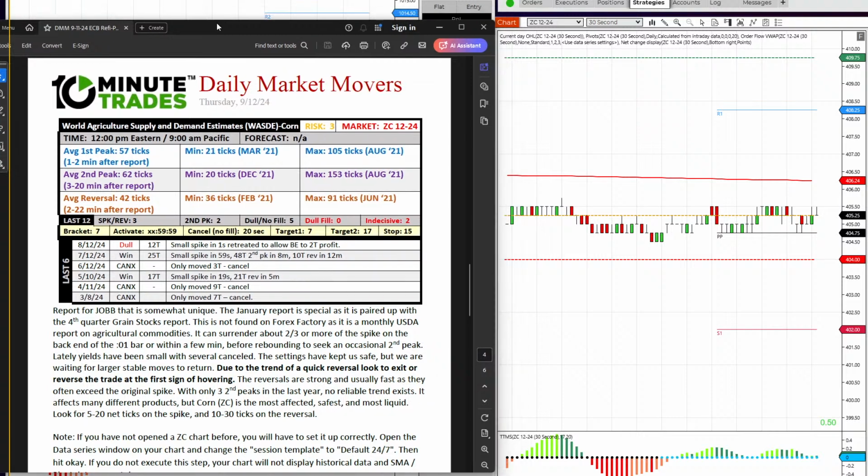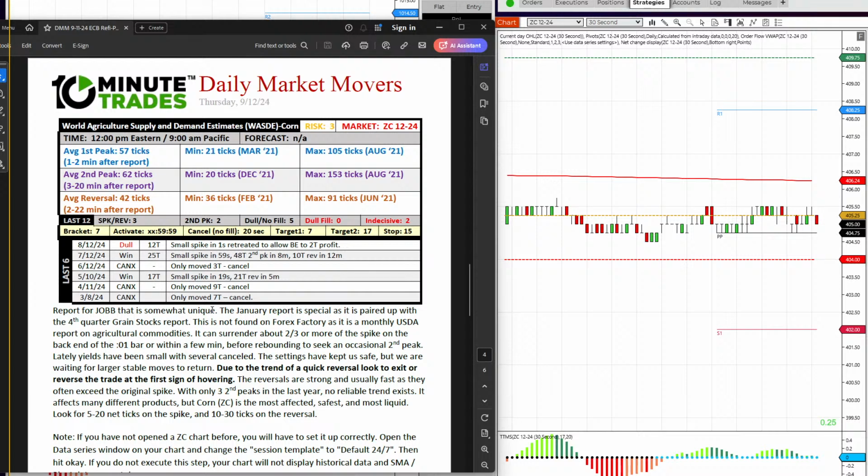So we have a corn setup on a breakout, and if you notice on the DMM, it says dull. The DMM is dull on corn. Last session, it was a winner on the breakout last month, in July, sorry.